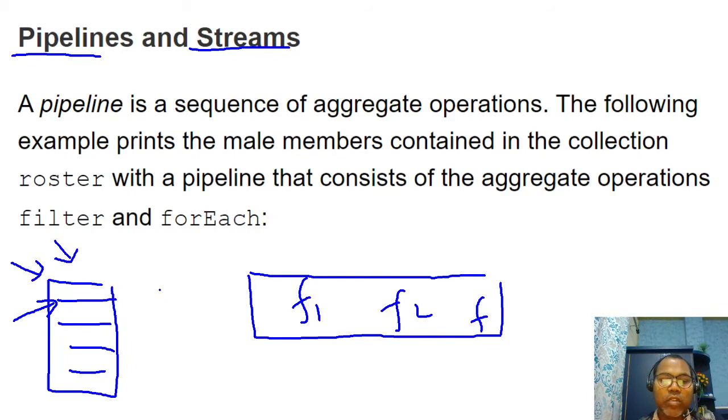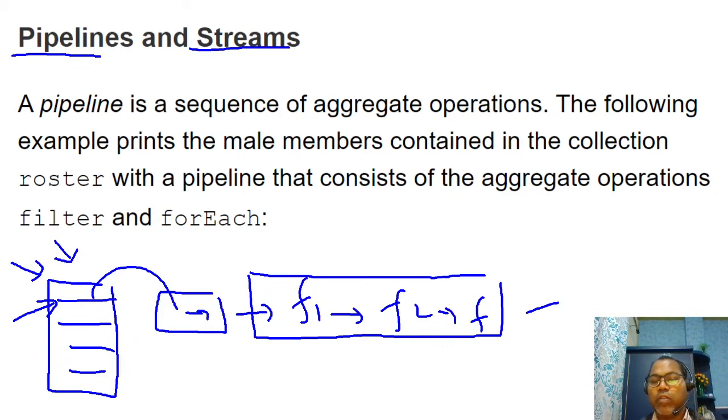A stream is just a sequence of elements. Let's say element 1 comes and is passed to function 1, then function 2, then function 3, then your output. Then the next element is passed. This sequence of elements is a stream, and the set of functions performed on this stream is a pipeline.